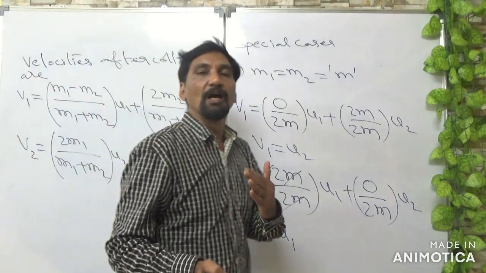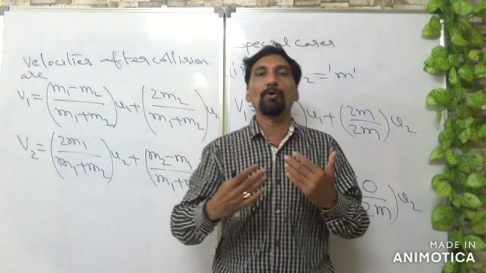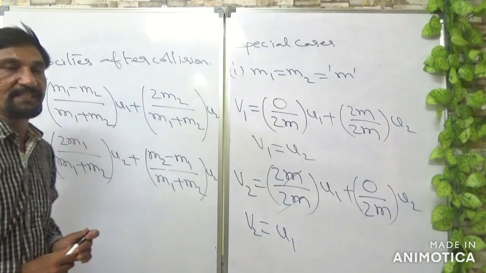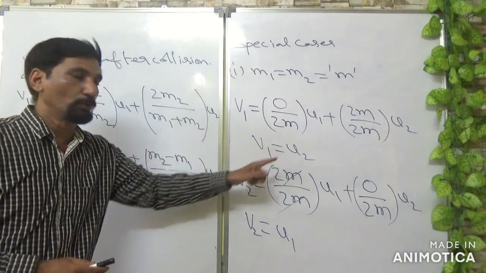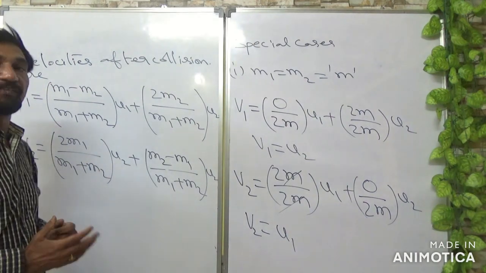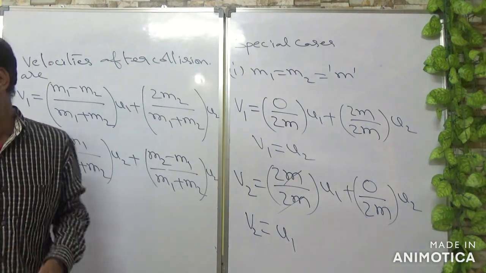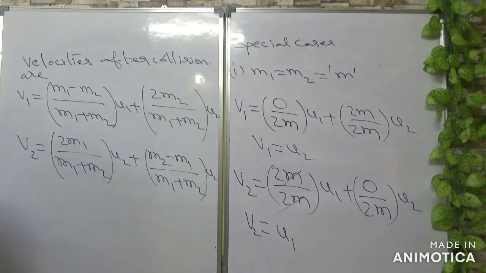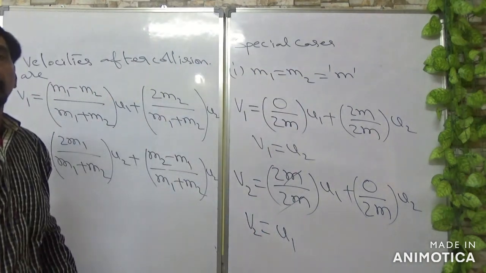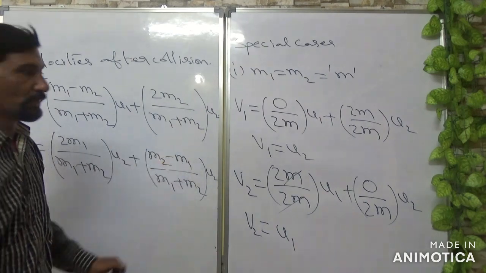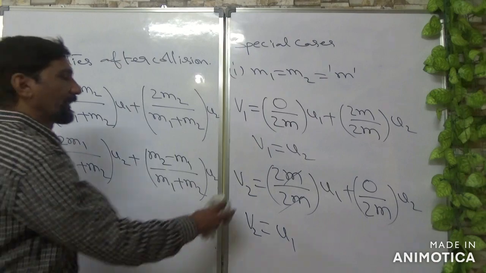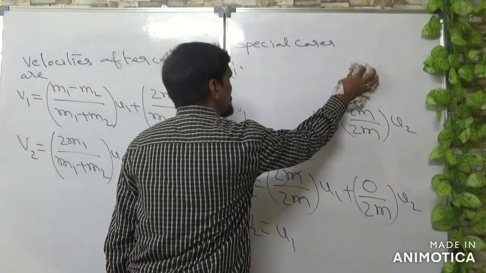That means after the collision the two bodies have exchanged their velocities: v1 is u2, v2 is u1. So remember, in case of elastic collision, if the two bodies have equal masses, after the collision the two bodies exchange their velocity. Now we'll take the second special case.